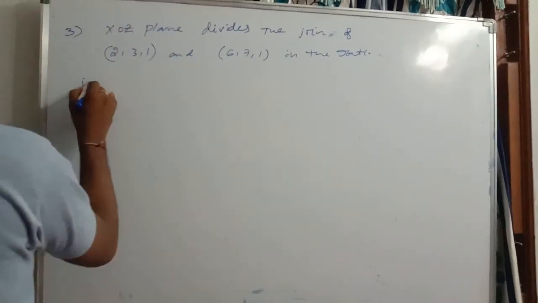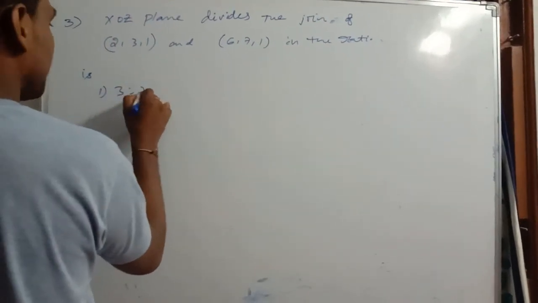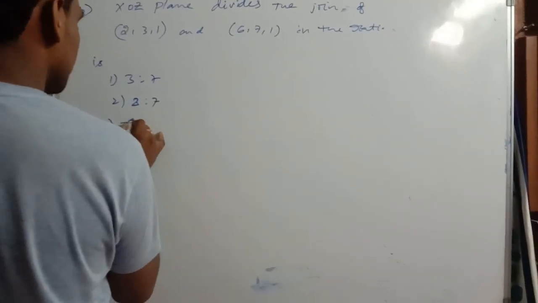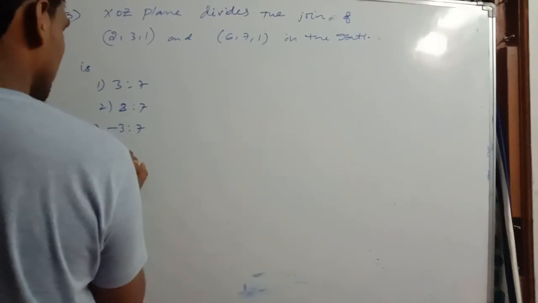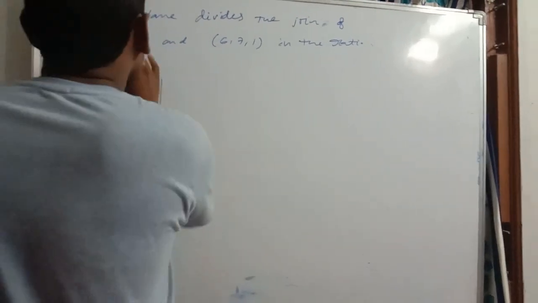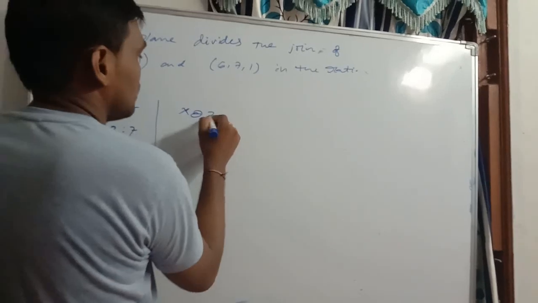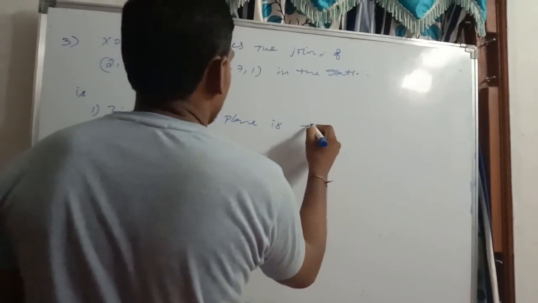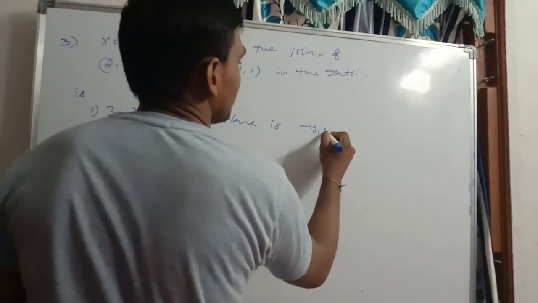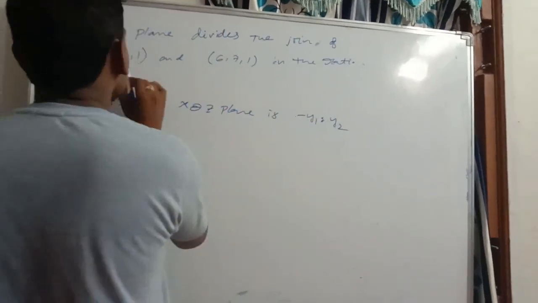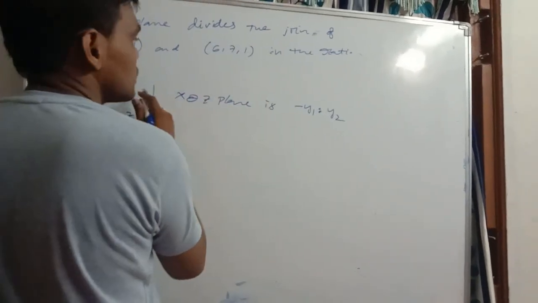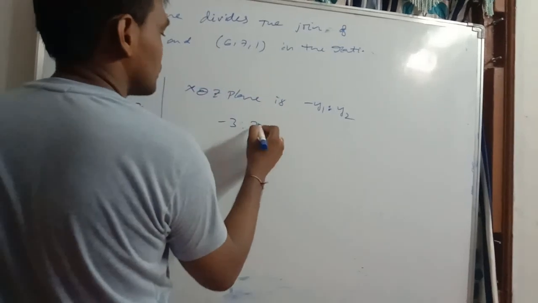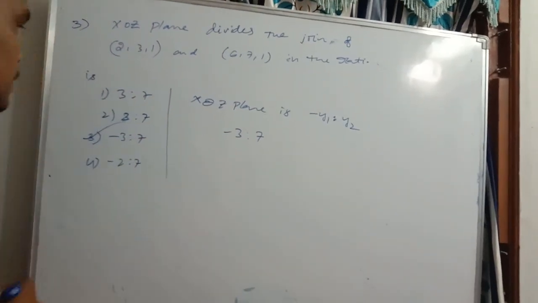The first option is 3:7, the second option is 2:7, third option is minus 3:7, and fourth option is minus 2:7. Here for the XOZ plane, the ratio is minus y1:y2, where this is (x1, y1, z1) and this is (x2, y2, z2). So this is minus y1, that is minus 3:y2, which is 7. So the option is the third.